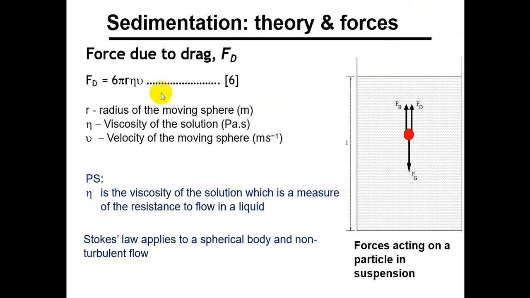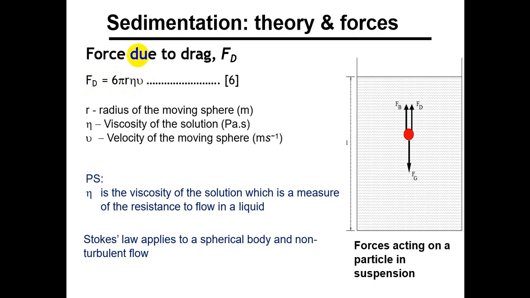So let's look at the formula for viscous drag. I will not show you how it is derived, but just know it. I will not be asking you to write this formula in exams. So force due to viscous drag is equal to 6 pi r, this sign, and also velocity.